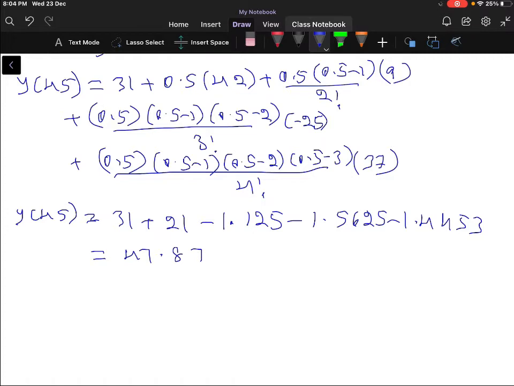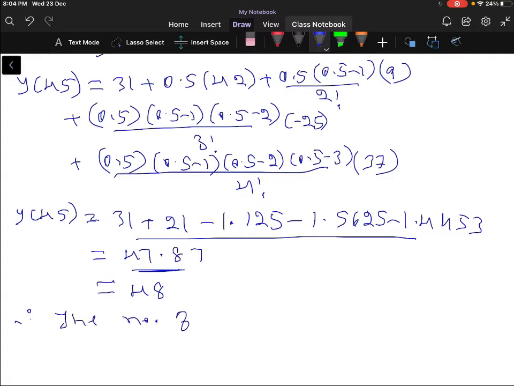So this is equal to 47.87 after simplification of these terms. But 47.87 is the number of students less than 45 marks. So number of students is a positive integer, therefore we can take approximately 48 students.